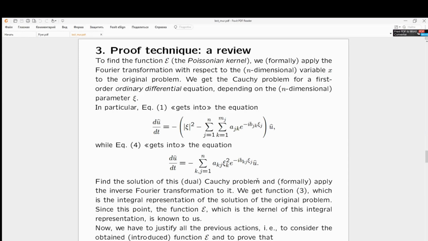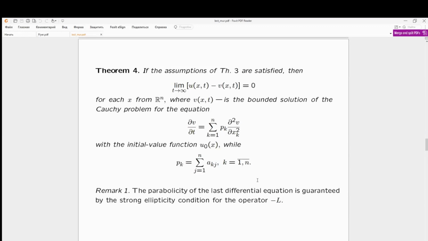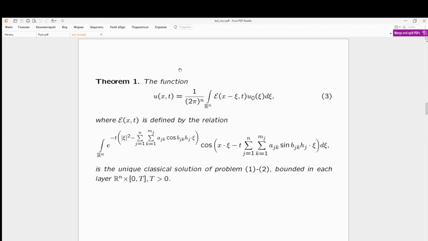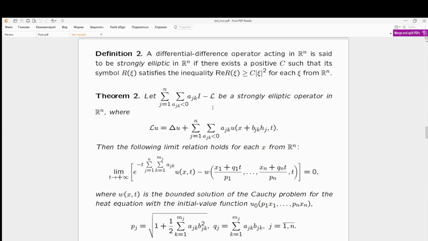So we solve the Cauchy problems for those equations, formally apply the inverse Fourier transformation to those solutions, and we get function 3, this one, in both cases. Just the kernels, the calligraphic E kernels, are different.